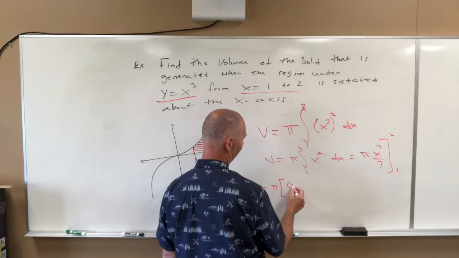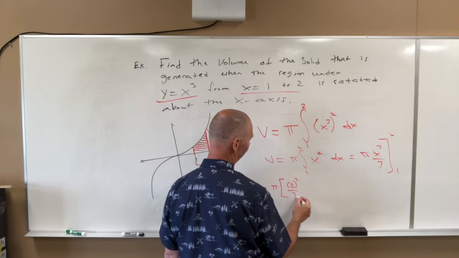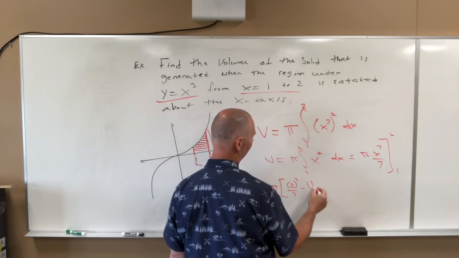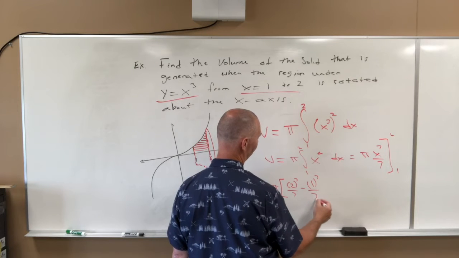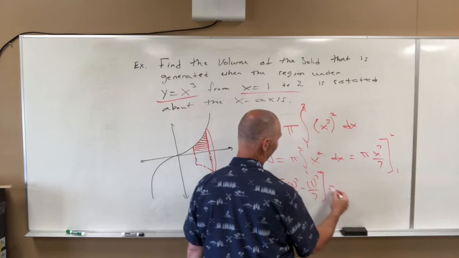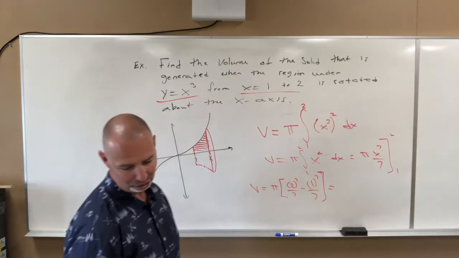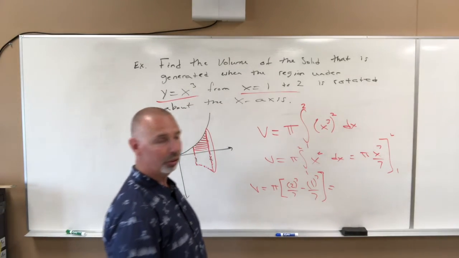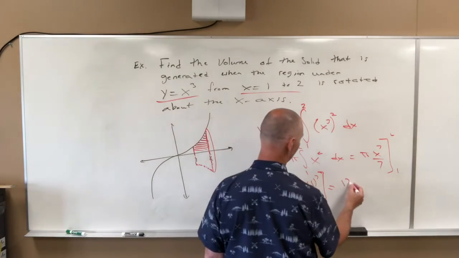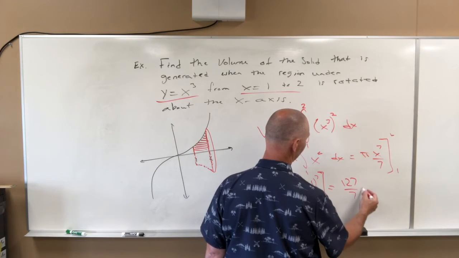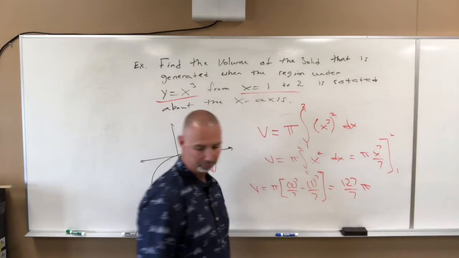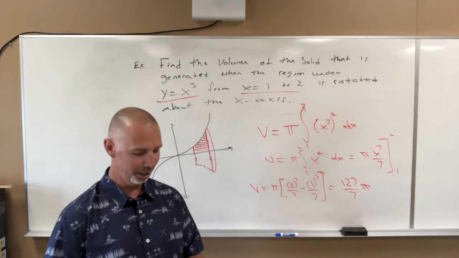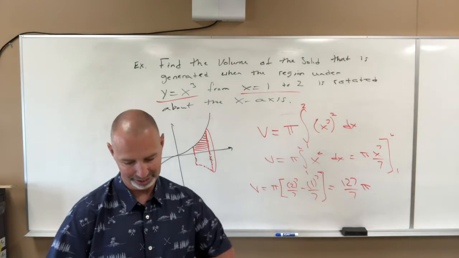We're going to have 2 to the 7th over 7 minus 1 to the 7th over 7. And that will give us an answer of 127 over 7 pi. And if you feel like putting that into a decimal, you certainly can.